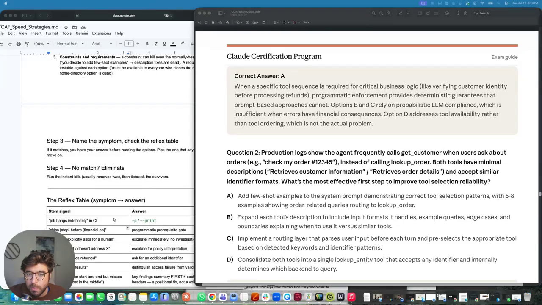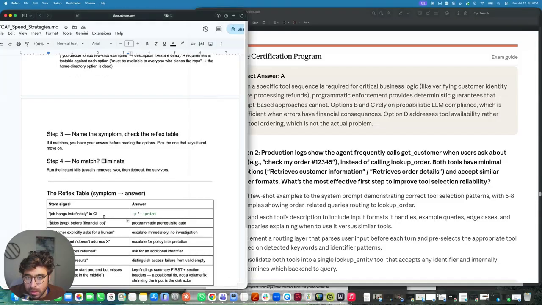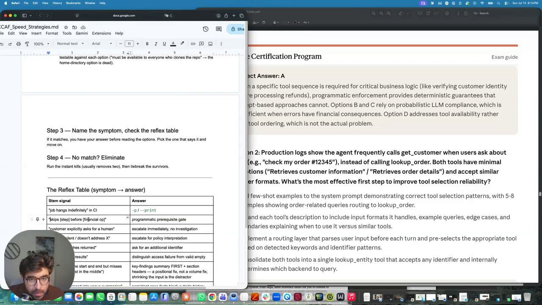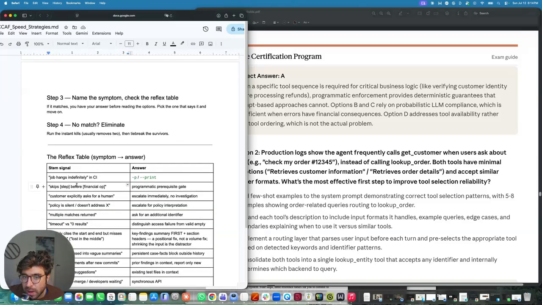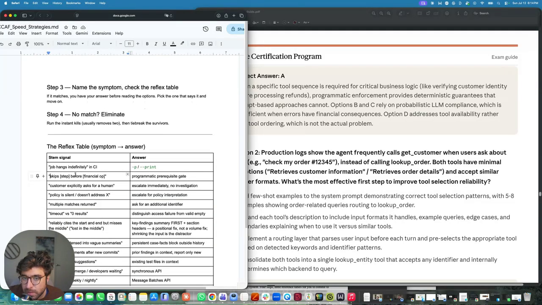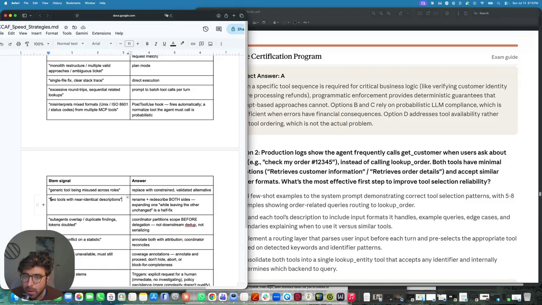Step 3, let's think about the reflex table. What do we know, if we've studied this reflex table, about things that have minimal descriptions? Let's look. Is there anything in here that talks about minimal overlapping tool descriptions? We have two tools with near identical descriptions.